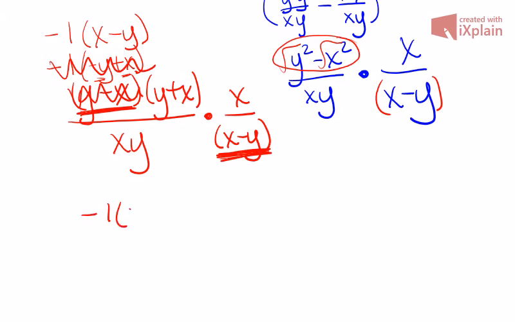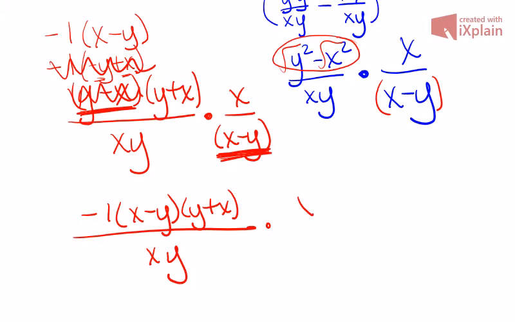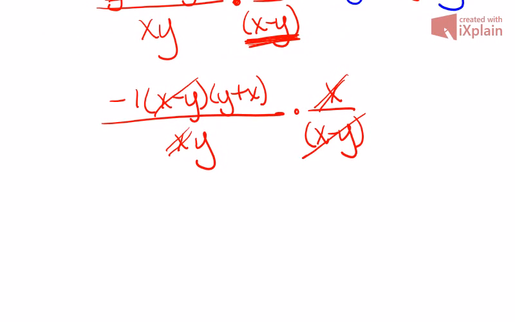So I have negative 1 times x minus y times y plus x over xy times x over x minus y. This is lovely. X minus y cancels x minus y. X can cancel with x. So that means my final answer should look like negative 1 times y plus x over y.